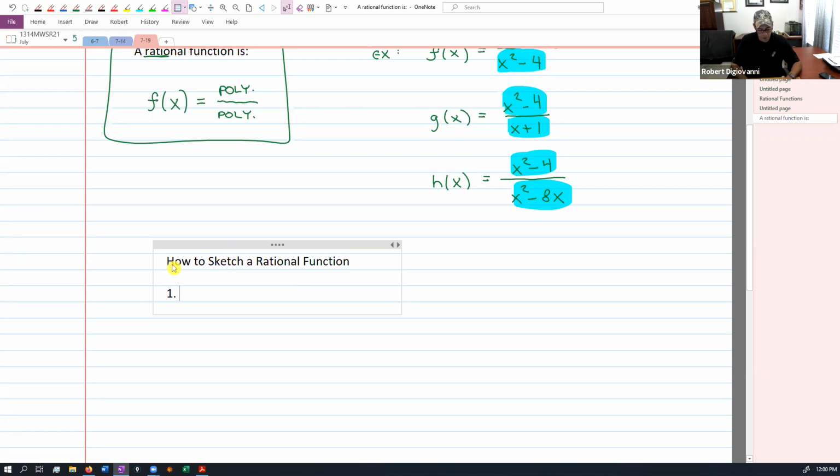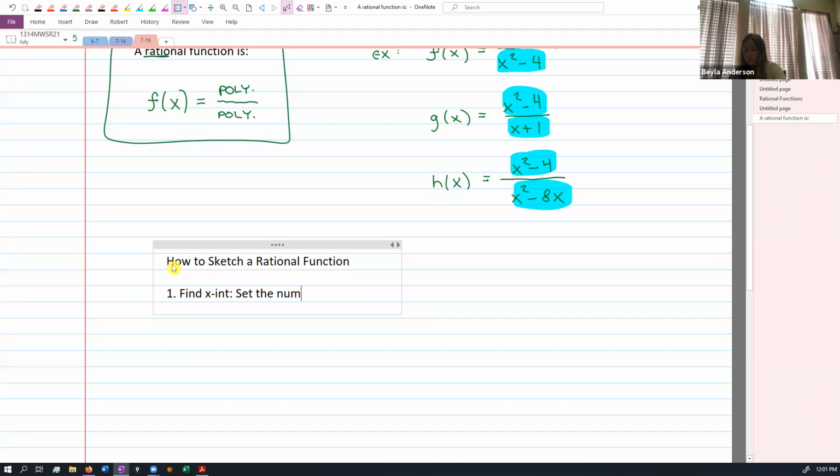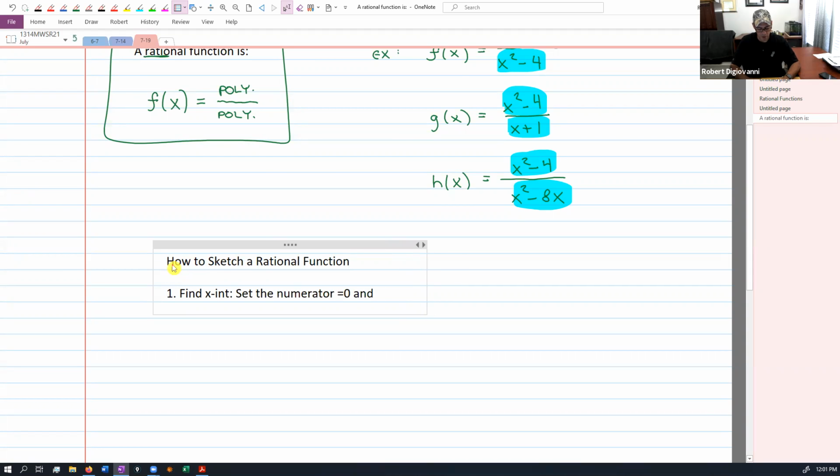So the first step is to find the x-intercepts. The x-intercepts are wherever the graph hits the x-axis. To do this, this is very important, all you do is set the numerator equal to 0 and solve. So if you want to know where a rational function crosses the x-axis, you have to set the numerator equal to 0 and solve it.